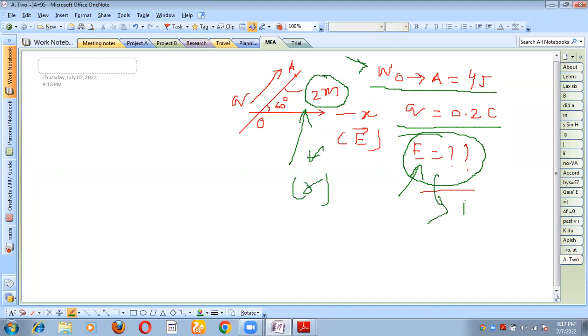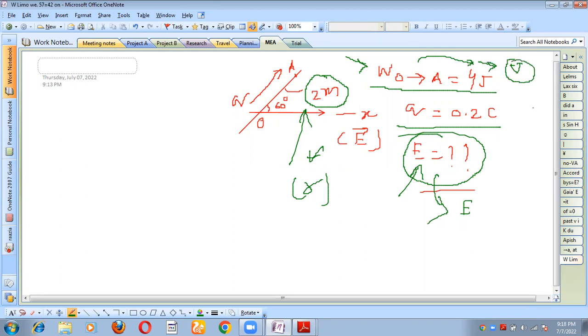Work done is basically a mechanical term, but in electrostatics, work done is related with potential.